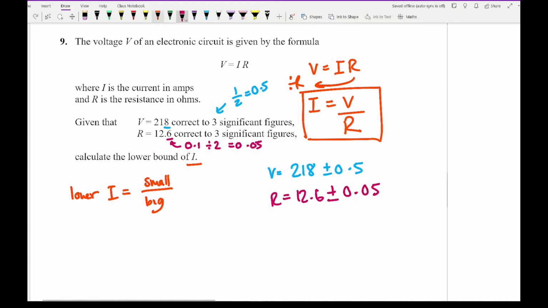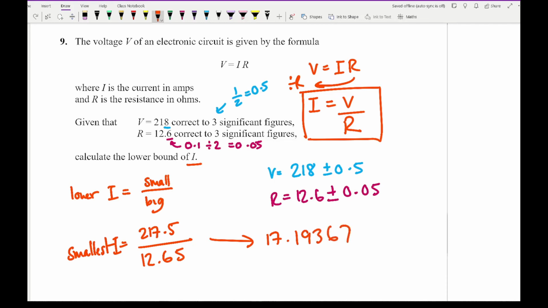Now to get the lowest I value, the smallest I, I want the smallest V value, which is going to be 217.5, divided by the biggest R value, which is going to be 12.65. Now if I work that out on my calculator, 217.5 divided by 12.65 gives me an answer of 17.19367589, and I want to round that number.